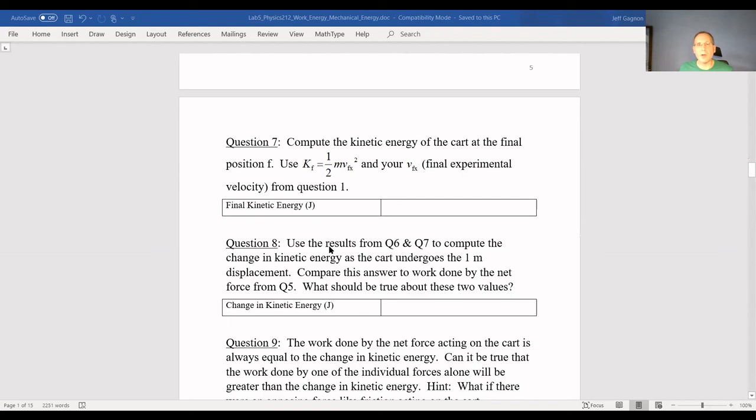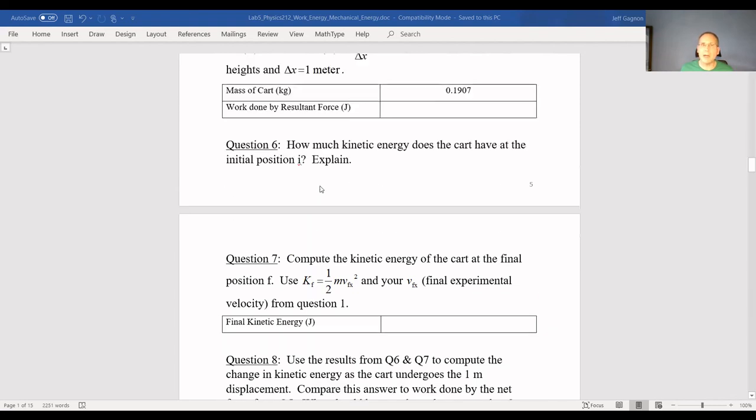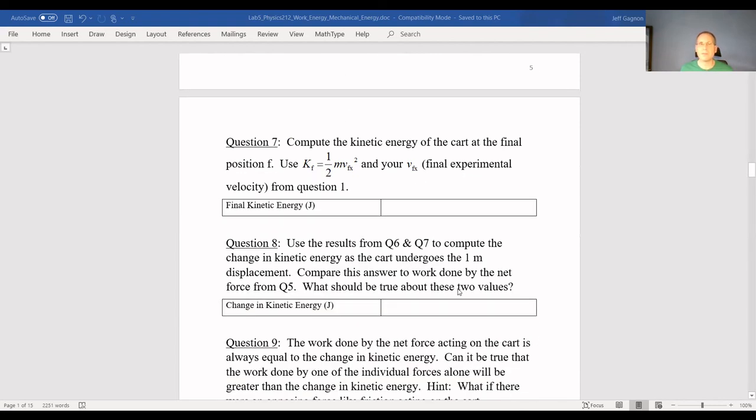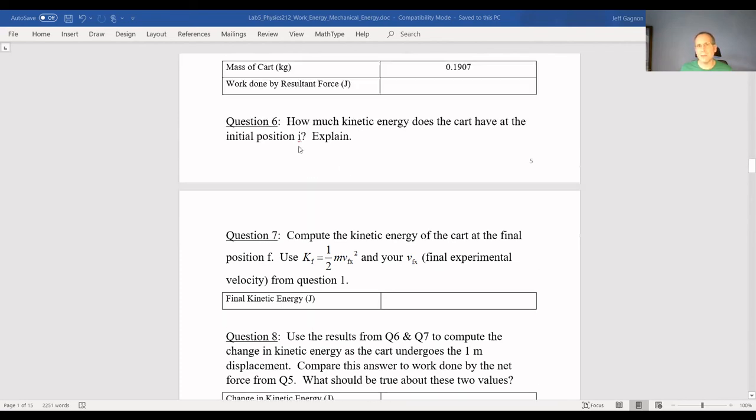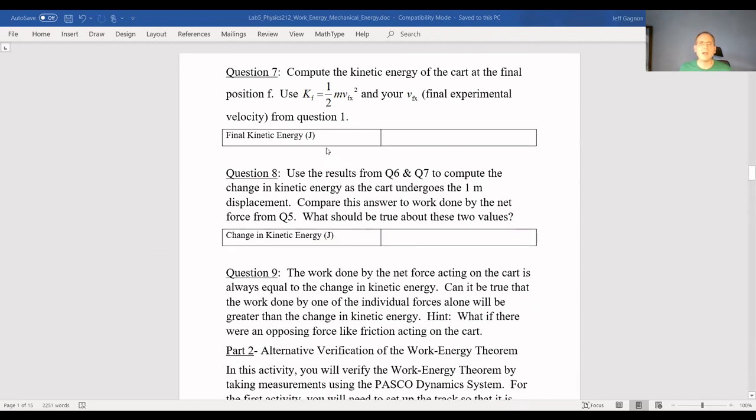Okay, use the results from question 6 and 7 to compute the change in kinetic energy. Remember, change is final kinetic energy minus initial kinetic energy, right? We computed the final kinetic energy in question 7, and the initial kinetic energy in question 6. You have to explain why it's that particular value.